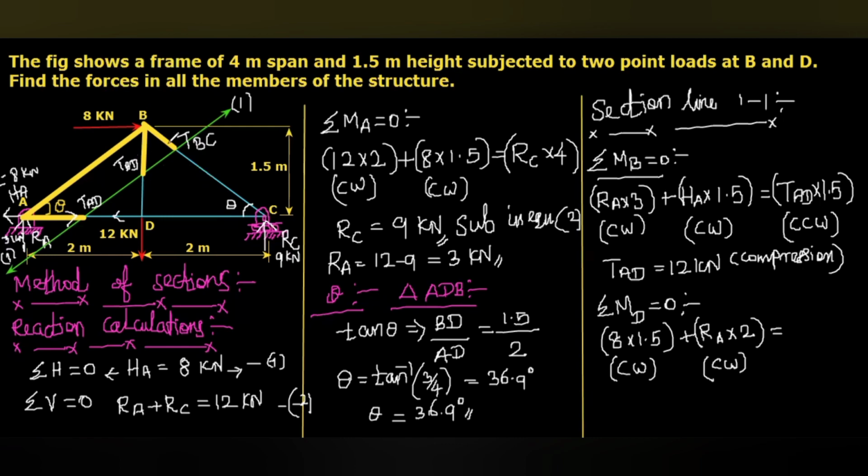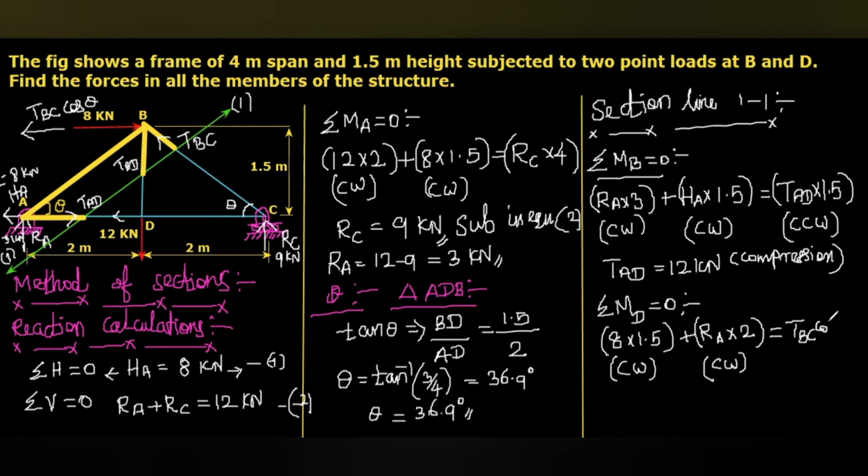If TBC is in this direction, then the vertical component will be eliminated, but the horizontal component of it, that is TBC cos theta, will act towards this side. So TBC cos theta multiplied with the distance 1.5, the vertical distance, will be in counterclockwise.